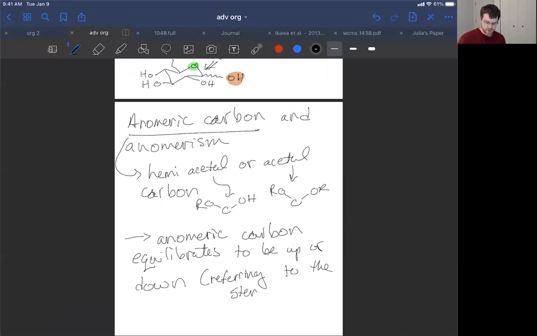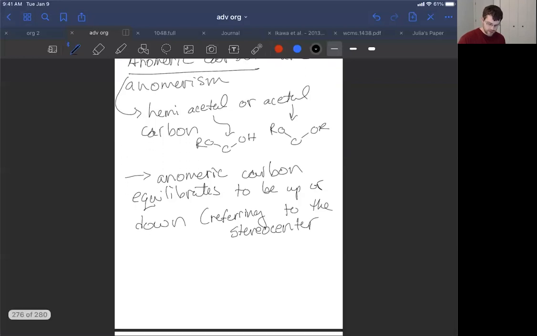So what I mean here is I'm going to draw two chair structures, and I'm going to tuck that oxygen into the upper right corner for both. These aren't chair flipped structures, if you're thinking about that. These are just the same chair structure. You could flip everything, but it's not that helpful because then a bunch of stuff goes axial, which isn't great. So for glucose, in both cases, everything is equatorial.